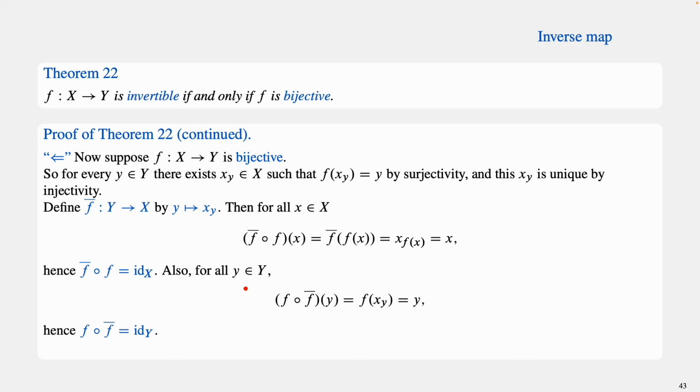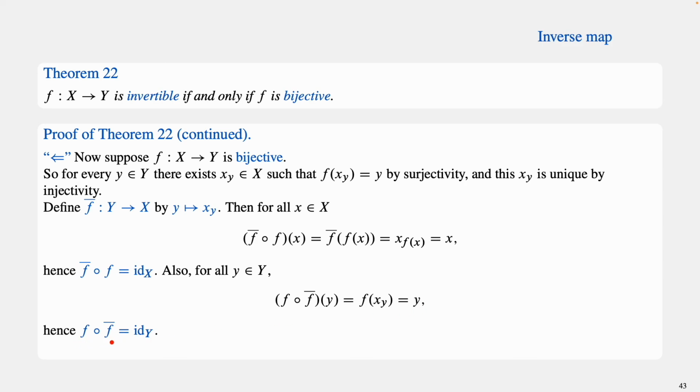And now we look at the other composition. For any input value y, f composed with f bar applied to y is f applied to x index y, because that's how we defined f bar. But f applied to x index y is simply y.